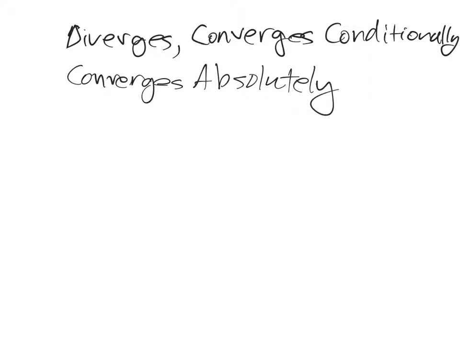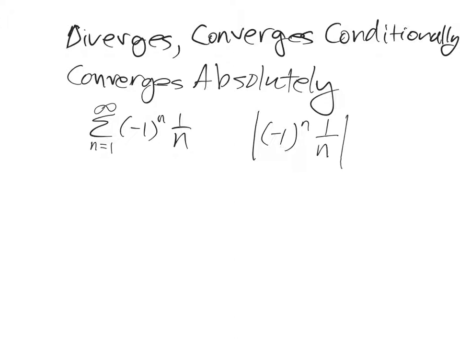Absolutely. Now that's the next step up. The easiest example here, of course this probably won't be the one on the test, but just to illustrate what this is meaning, converges absolutely. Well, that would be if we can take the absolute value of the series.